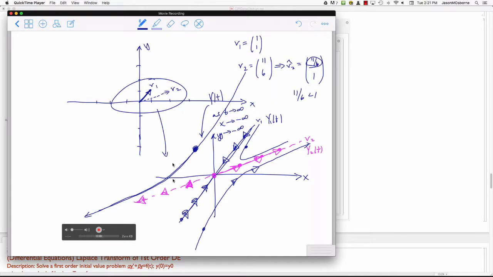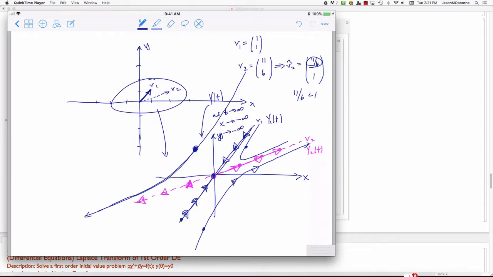In the next video, we'll do a quick summary of the different saddle, source, and sink behavior. What we're seeing in this problem is that one of the eigenvalues turned out to be positive and the other negative, so the equilibrium point 0, 0 is what's called a saddle point.